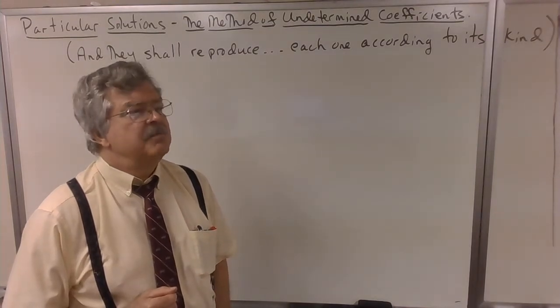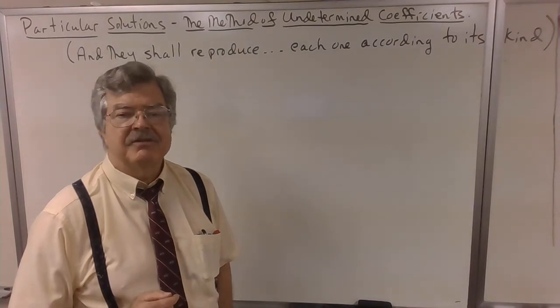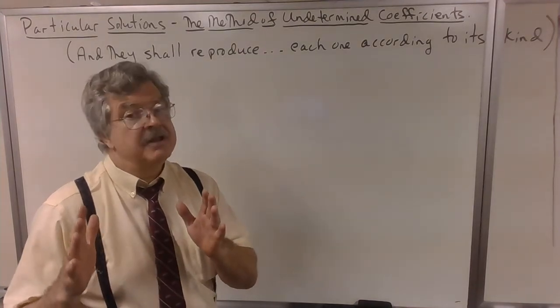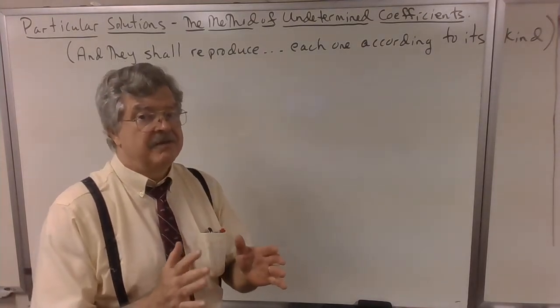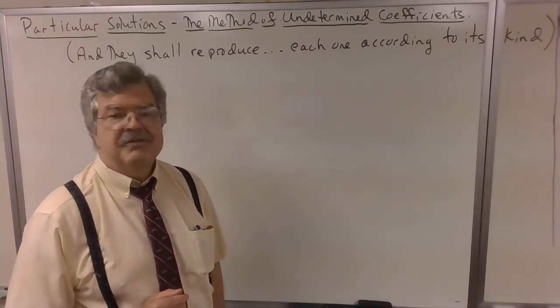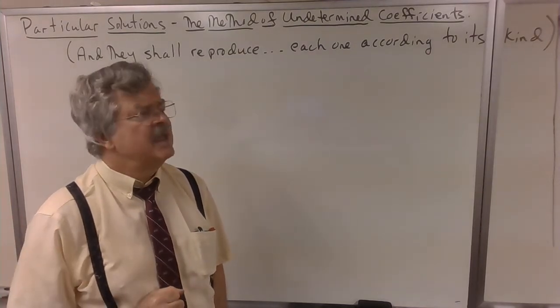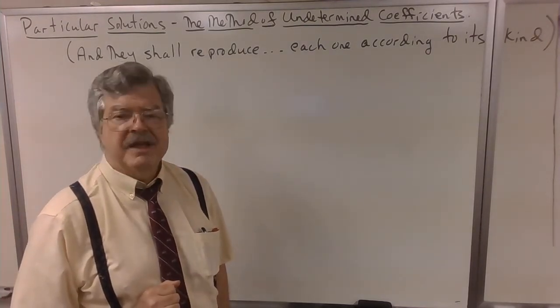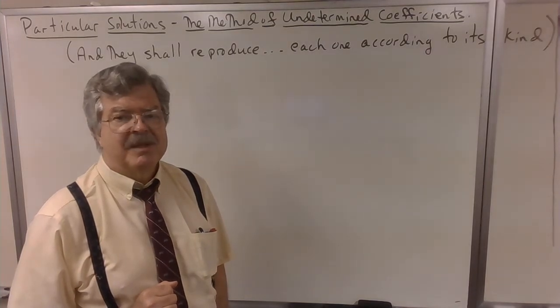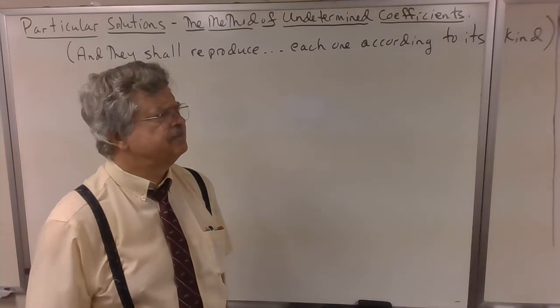If you want to compute the derivative of a function and get sine of x and cosine of x, that function has to contain sine of x and cosine of x. And if you have a function that consists of a linear combination of sine of x and cosine of x, and you compute the derivative of that function, what are you going to get? More sine of x's and more cosine of x's.